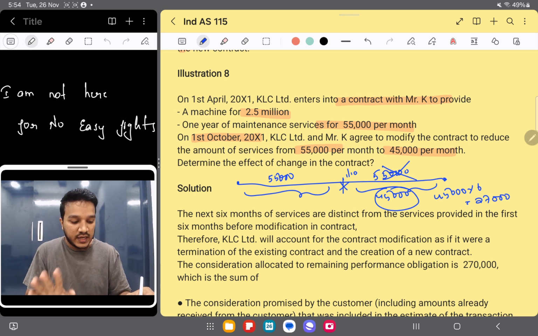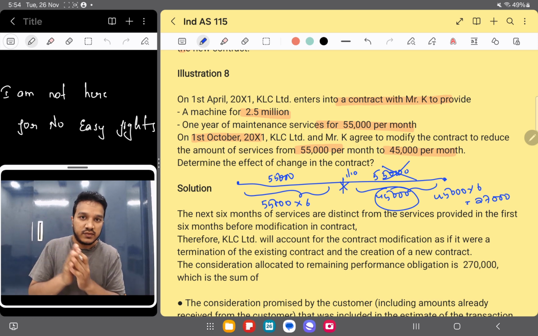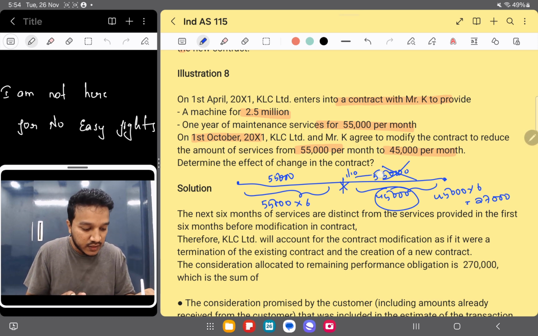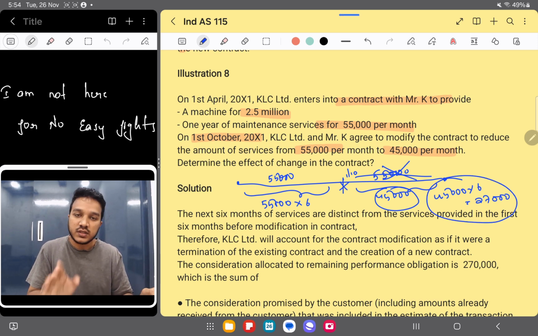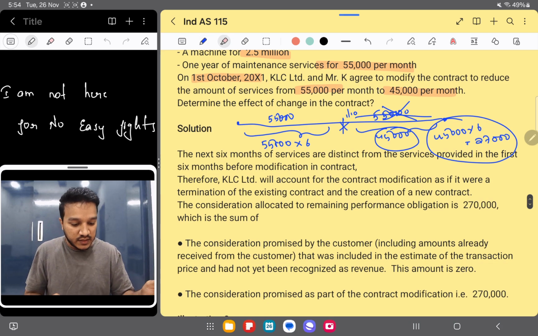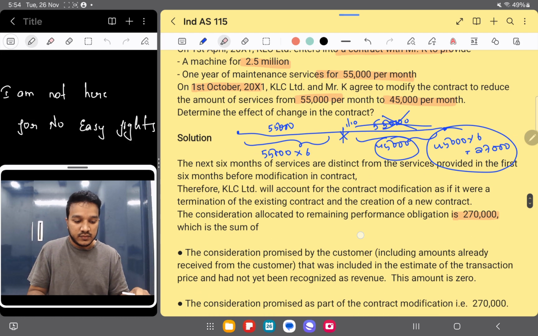Terminate this; up to here, 55,000 into 6 you have recognized as revenue. You are not making any changes to it. That is fine for the first 6 months. For the next 6 months, from here you terminated it and created a new contract, saying 45,000 into 6 is 2,70,000. Fine. That is what is given in the answer as well. 2,70,000 is allocated to the remaining. Once you go through the answer, you will understand.